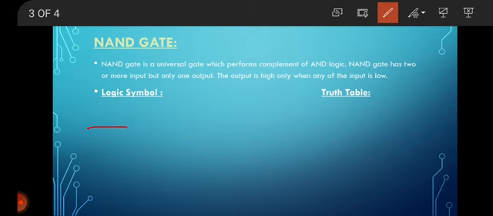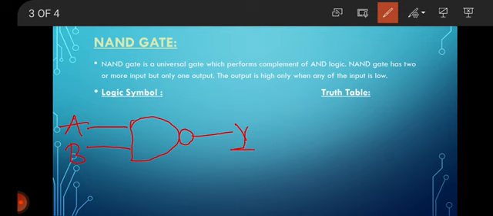First we can draw the AND gate. This is AND gate, and simply here bubble is present. So this is NAND gate. So here A and B are the inputs and Y is our output.